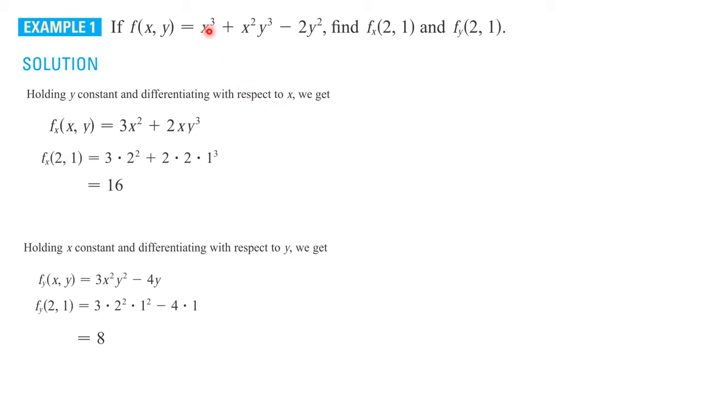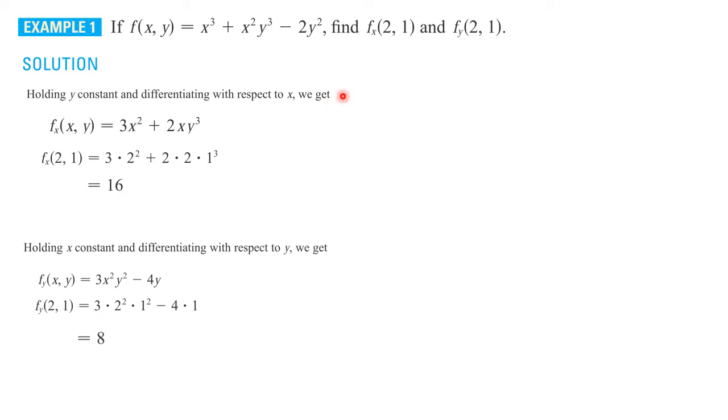So x cube gives 3x square, plus, power down and power minus 1, 2x y cube, as y is considered constant, so this will be 0. Now replace x with 2 and y with 1 and we'll get 16.